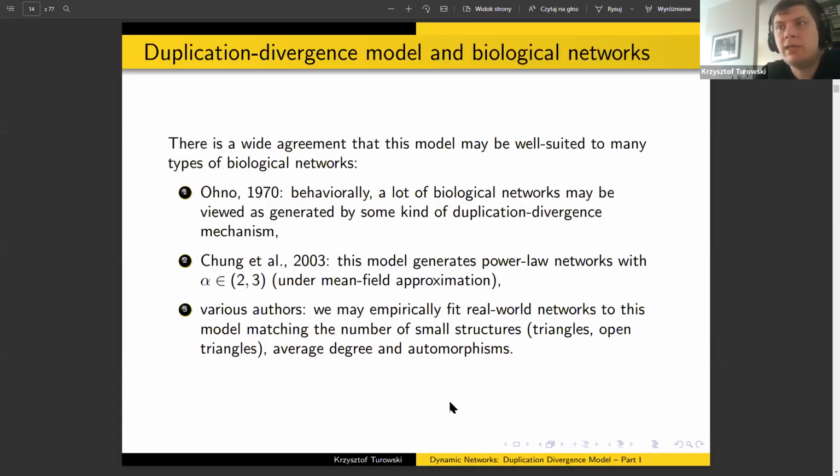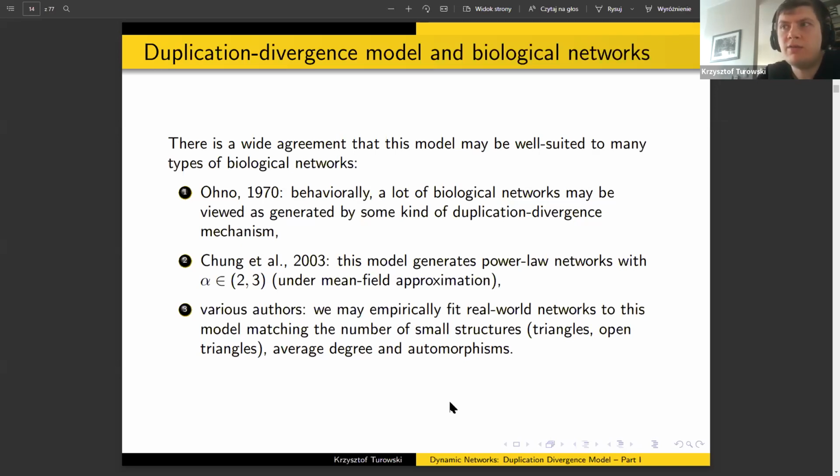And there are quite a few studies that try to empirically fit different types of models with different types of real-world networks, for example, by matching some small structures, triangles, open triangles, some small subgraphs, average degree. We did some work, which I'll probably be talking about next week, about automorphisms.